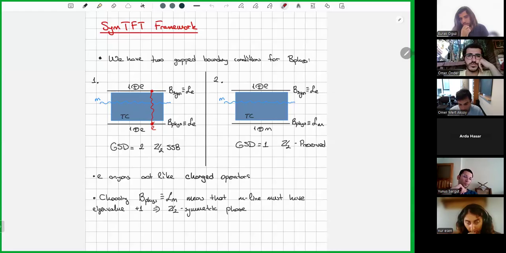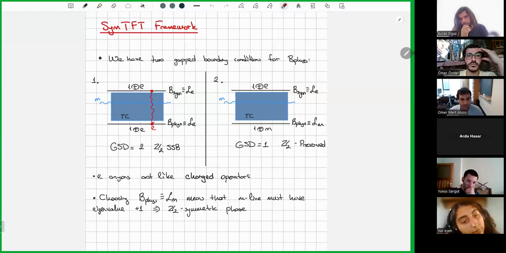There are several observations. One is that since I condense E on the top and E on the bottom, I can actually not move the M line at all. It commutes with the Hamiltonian, but I cannot trivialize it. On the other hand, from the perspective of the physical boundary, it feels like this charged operator E takes a non-vanishing expectation value.